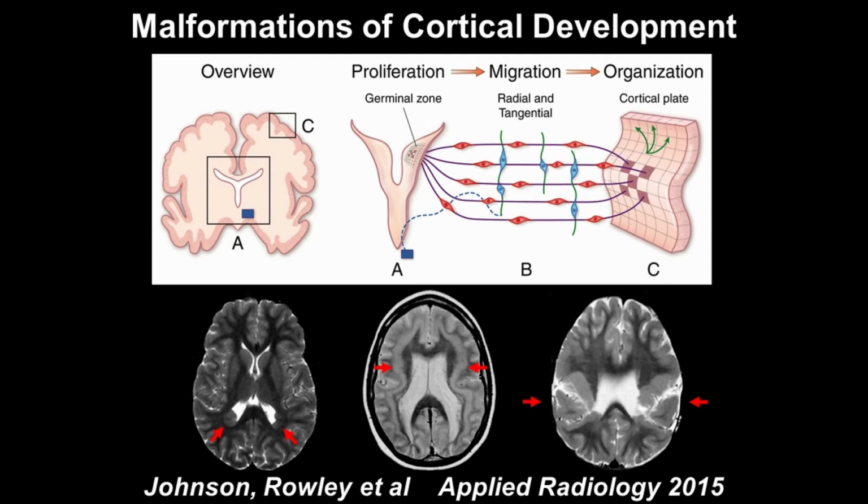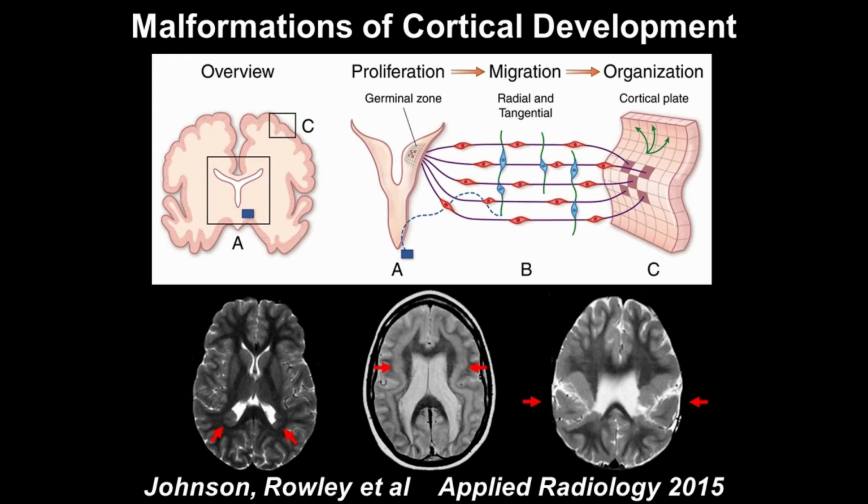developing cortex. And when they get to the cortex, they lay themselves down from outside in so that eventually we have a 6-layered cortex. There are separate neurons, for example, in the GABAergic family, that are radiating in a more tangential way across the layers of cortex and becoming organized in that fashion.